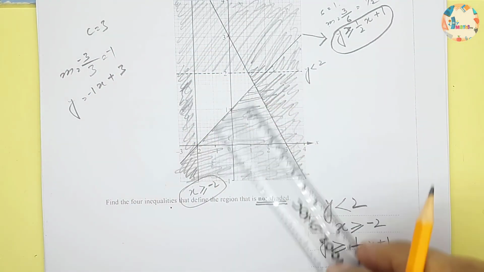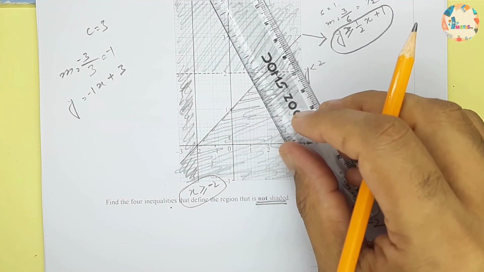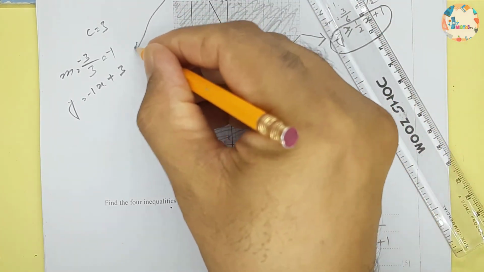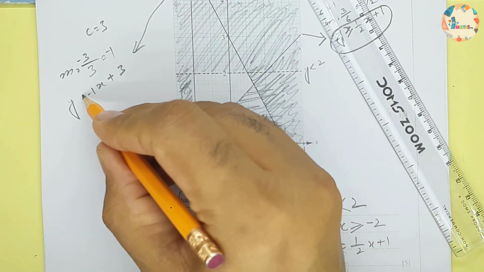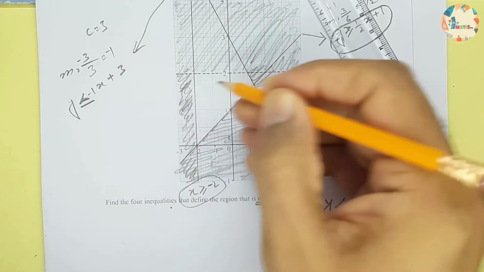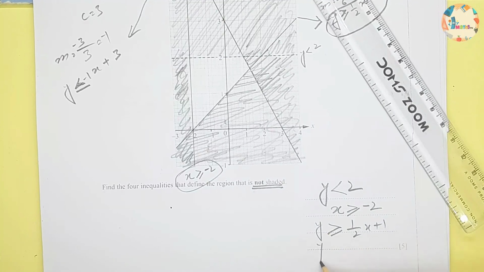Now the lower side, less than this side, is unshaded. For this line we write less than or equal to also, because this is a solid line. So our fourth inequality, hopefully you are understanding everything, is y is less than or equal to minus x plus 3.